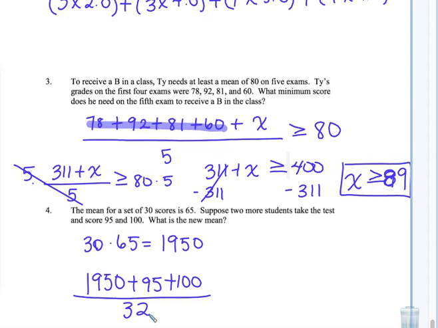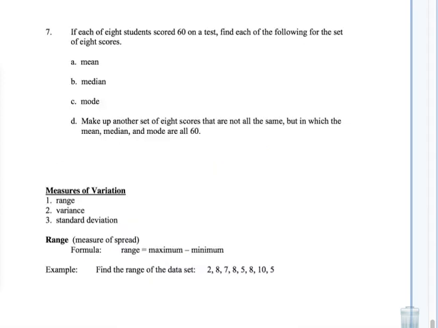I divide that by 32. And what I do is I get a new mean of 67.3. So adding that 95 and 100 boosted that average up a couple of points. So pretty easy problems. Let's go ahead and go to the next page.